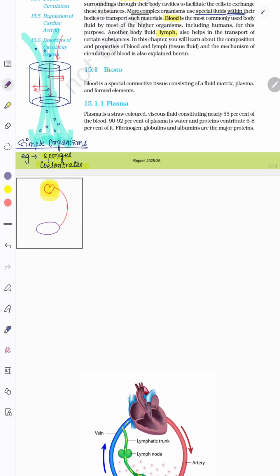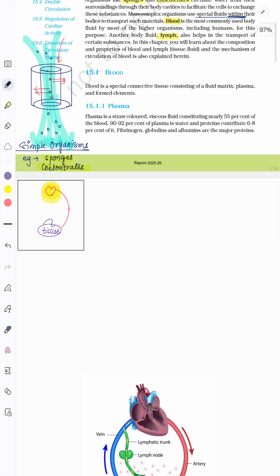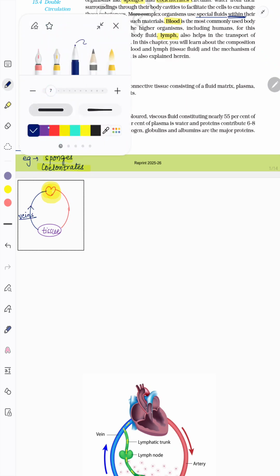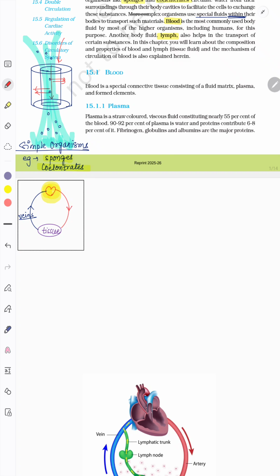So this is the tissue part or organ part or cellular part, whatever it is. The oxygenated blood comes to the tissue. The blood gives all the nutrients, oxygen and whatever is required. Later from this tissue all the toxic substances, waste substances, and carbon dioxide are released, and this blood becomes deoxygenated and goes through veins to the heart, right? This is the basic circulatory system we all know.